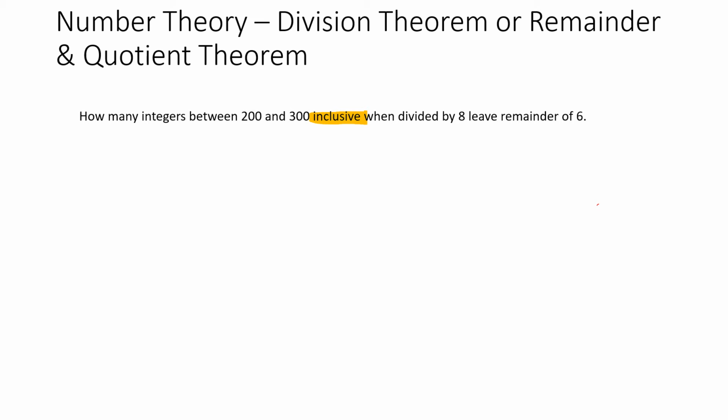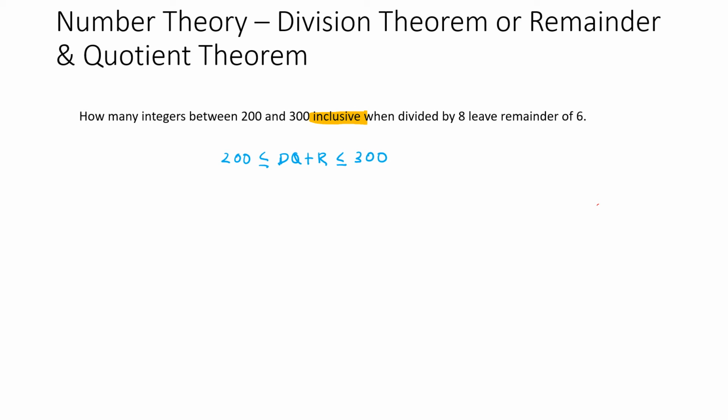This means that our dq plus r has to be between 200 and 300, which would be 200 is less than or equal to dq plus r, which is less than or equal to 300. And make sure you have the equal to, because that plays an important factor.